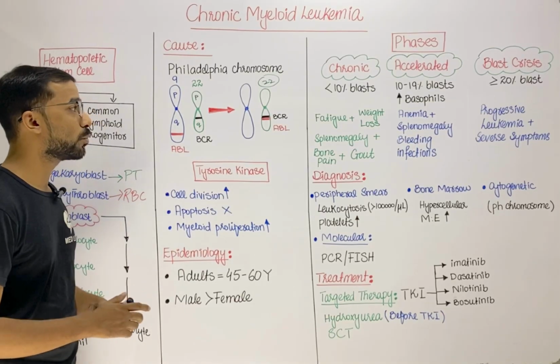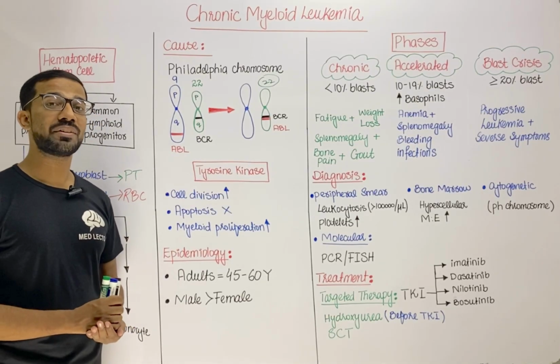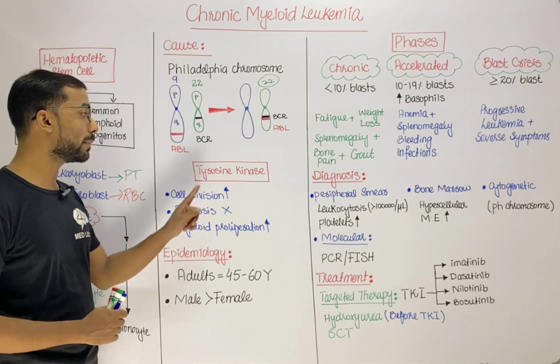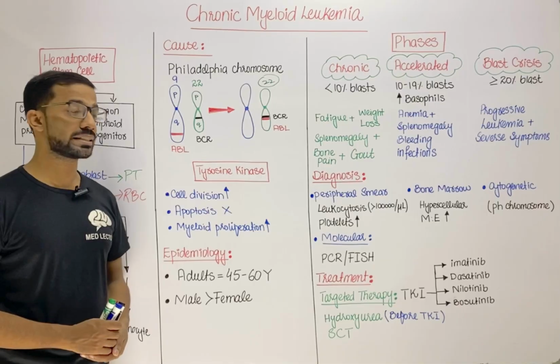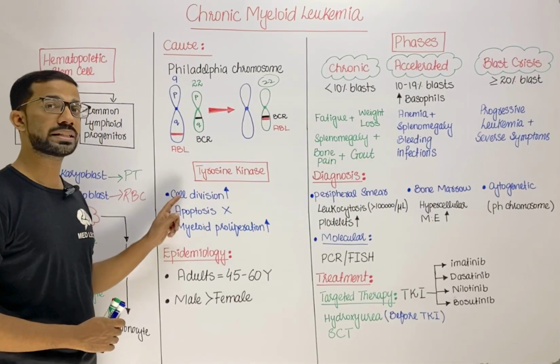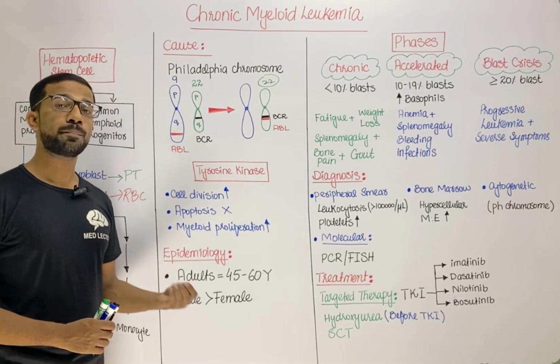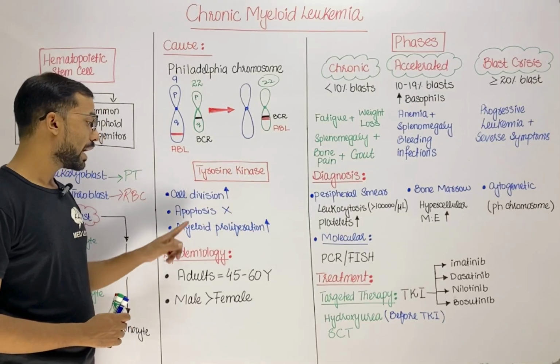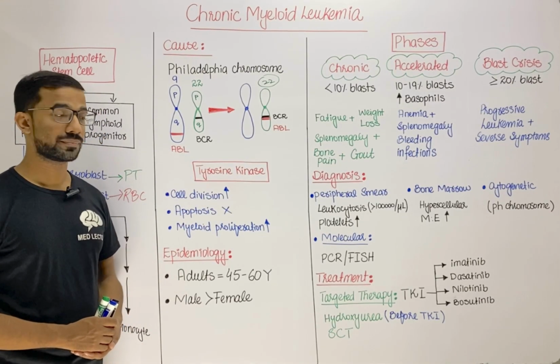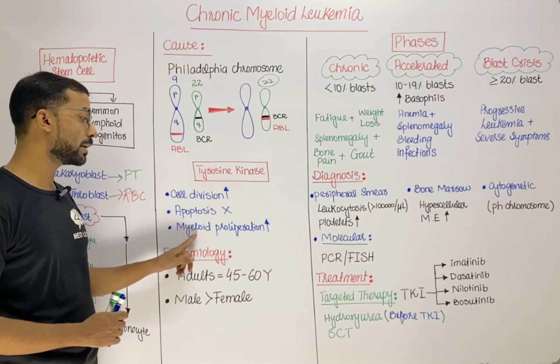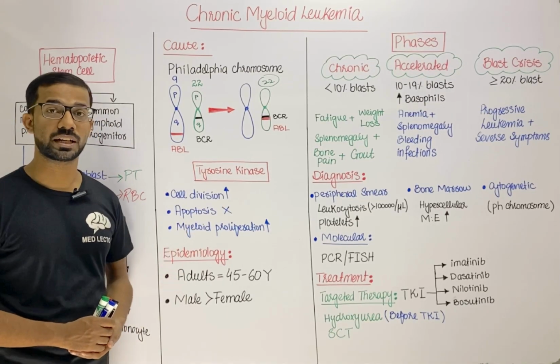And ultimately, what will happen? It activates the production of abnormal tyrosine kinase, and the tyrosine kinase ultimately enhances cell division and high proliferation of cells, reduces or inhibits apoptosis, cell death, and the myeloid proliferation also starts increasing.